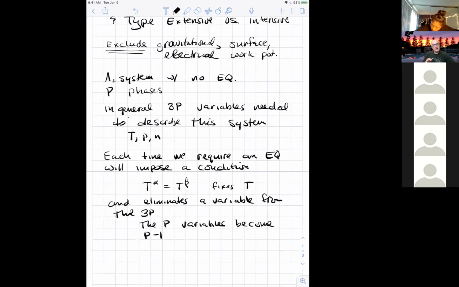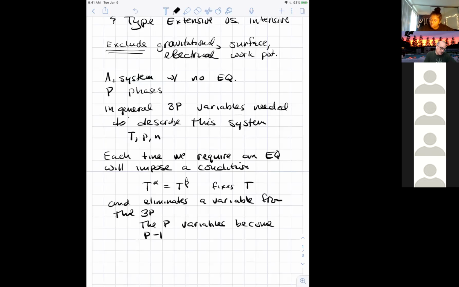And the P minus 1 is not saying that we have P minus 1 phases. It means that per phase, we're going to lose a variable, right? So if I have a temperature variable, a temperature for the solid phase and a temperature for the liquid phase, and I want them to be in thermal equilibrium, they're equal. So I go from 2 to 1 variable, right? So that's the P minus 1. And this happens for each of them.